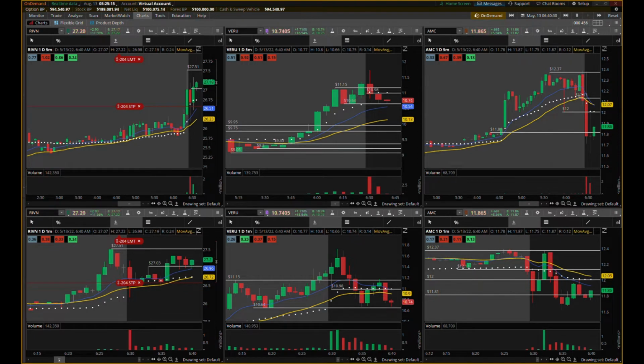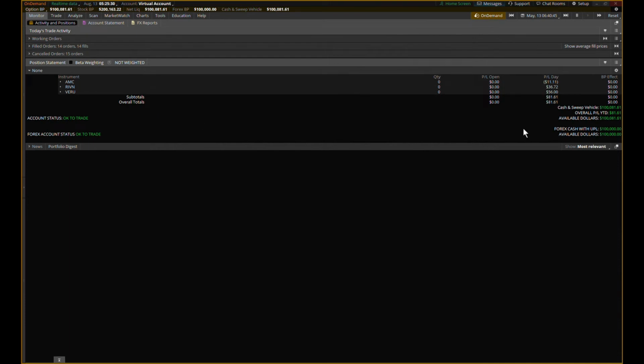Can we hold 2703 and make a move back up towards the high? Okay, and I sold again. Just doing a little quick hits now. I'm up to $81 on the day.